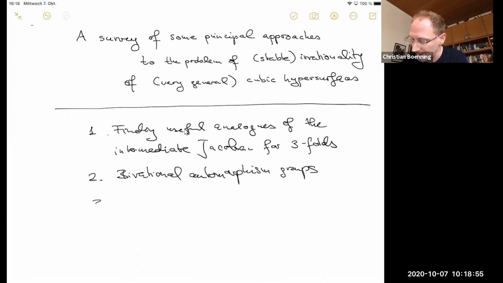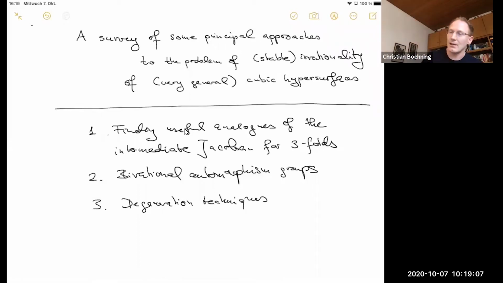And then lastly, I want to say something about the degeneration technique or degeneration techniques, and further developments of degeneration techniques in directions that may potentially allow one to make some progress on the problem of stable irrationality for cubics.